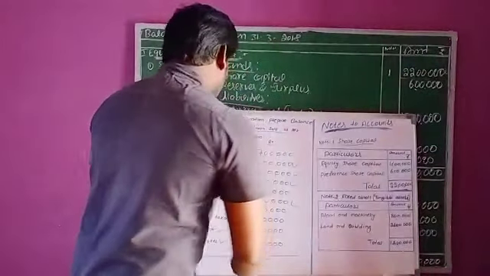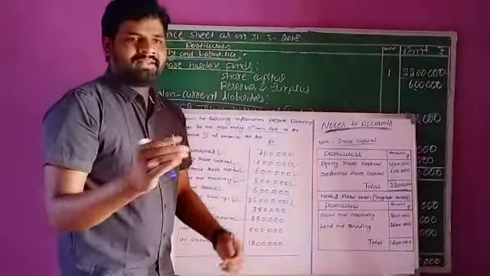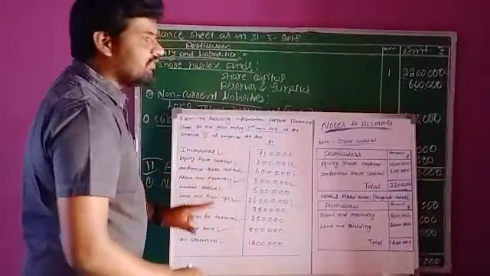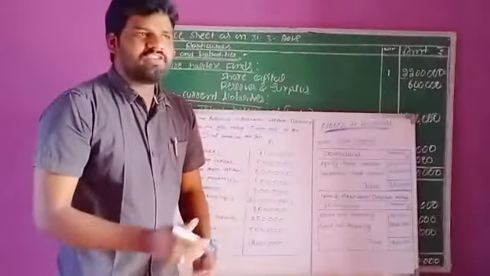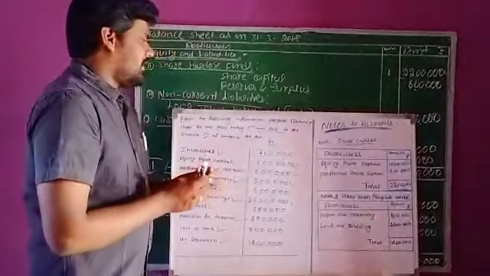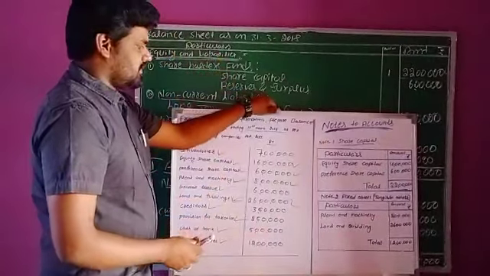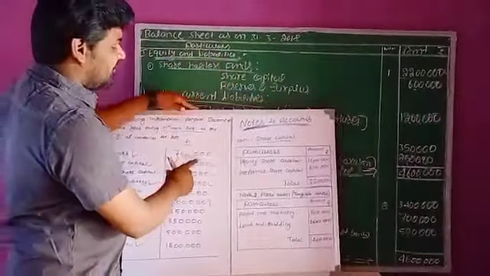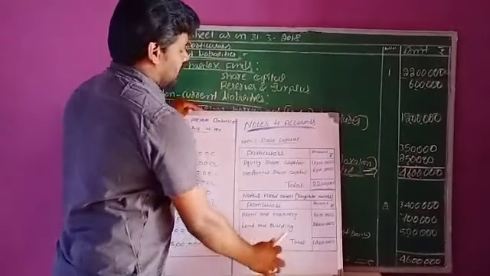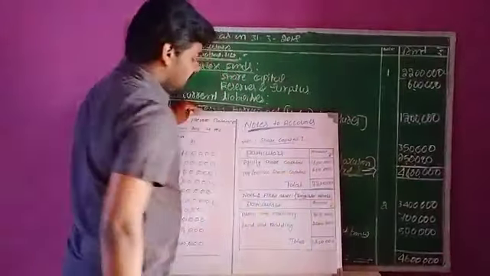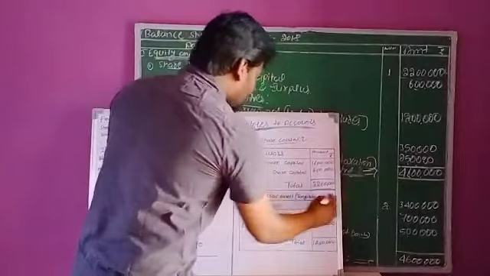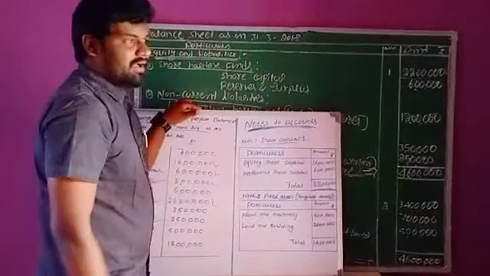Finally debentures, which are non-current liabilities. So whatever information they gave, we have recorded all of it in the balance sheet. For this information we calculated two working notes, one note for share capital and a second working note for fixed assets, I mean tangible assets.